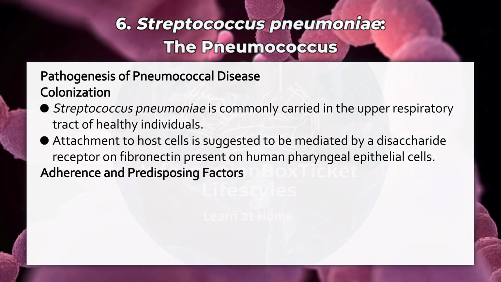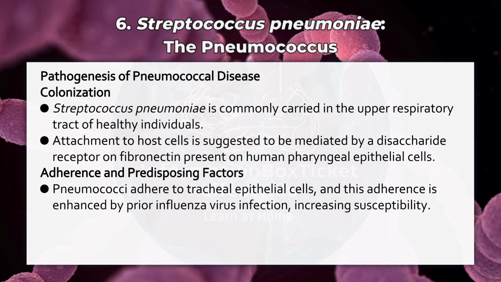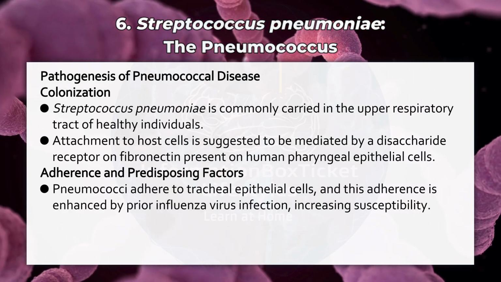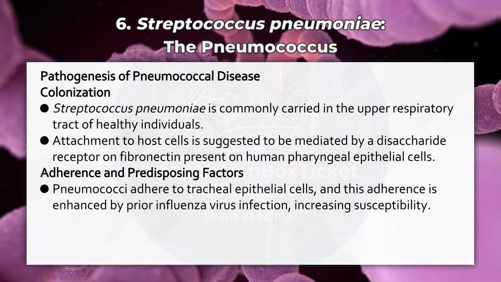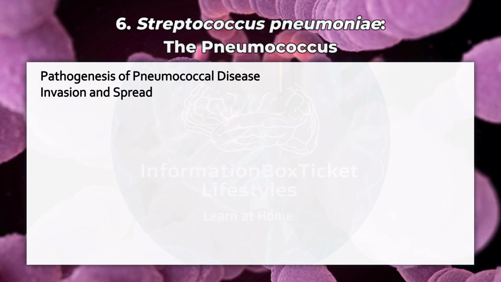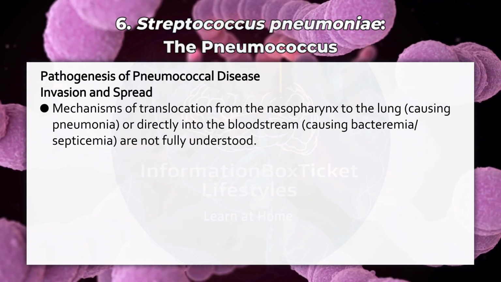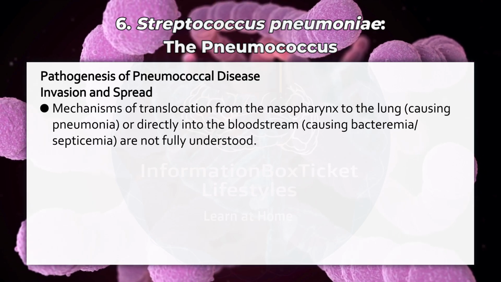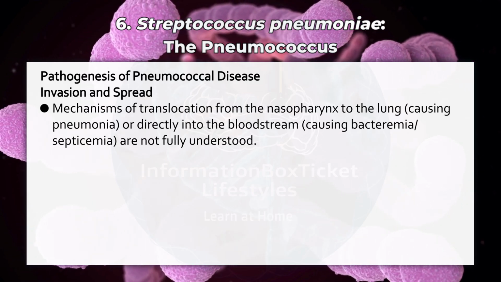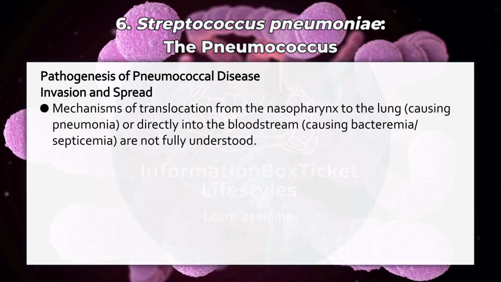Adherence and predisposing factors: pneumococci adhere to tracheal epithelial cells, and this adherence is enhanced by prior influenza virus infection, increasing susceptibility. Invasion and spread: the mechanisms of translocation from the nasopharynx to the lung, causing pneumonia, or directly into the bloodstream, causing bacteremia and septicemia, are not fully understood.